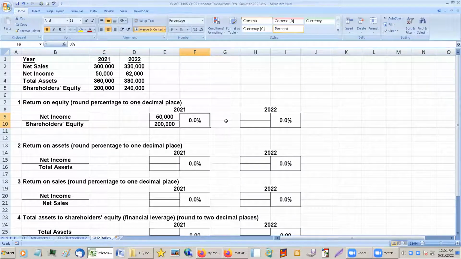Okay, so now I'm going to put in a formula here. We'll say 50,000 divided by, in this case, E9 divided by E10, and it says 25%.